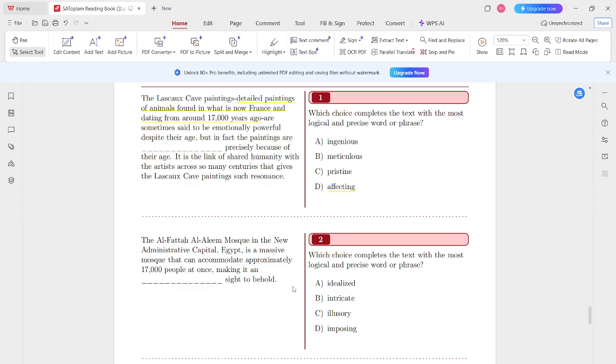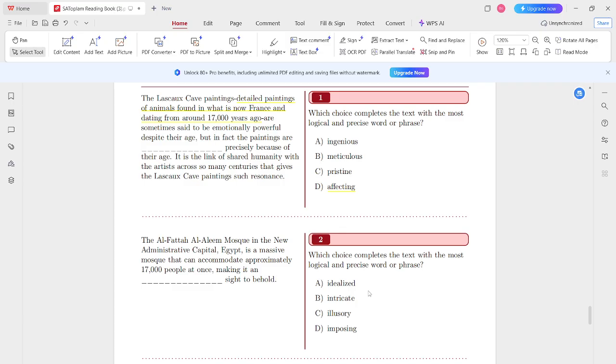Now let's look at the answer choices. The first answer choice says idealized. Idealized is something that is said to be perfect, but it actually is not. It is something overrated, or something like this.